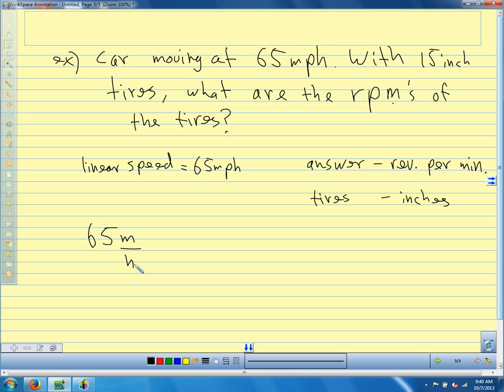So how many feet are in a mile? 5280. Hopefully we remember that because we talked about Denver being a mile-high city. We're at 5280 elevation. So 5280 feet per mile. And how do we convert feet to inches? Multiply by 12. So we multiply 5280 times 12 to get the number of inches in a mile.